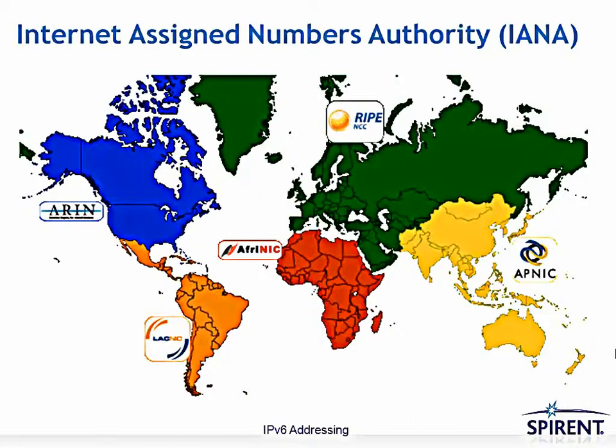The APNIC, or Asia Pacific Network Information Center, covers the Asia Pacific region. ARIN, or the American Registry for Internet Numbers, covers the North American region. LACNIC, or the Latin America and Caribbean Network Information Center, covers Latin America and some Caribbean islands. And finally, RIPE NCC, or the Réseaux IP Européens, French for European IP Networks, covers Europe, the Middle East and Central Asia.